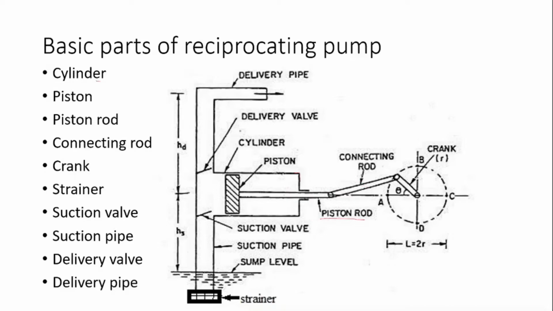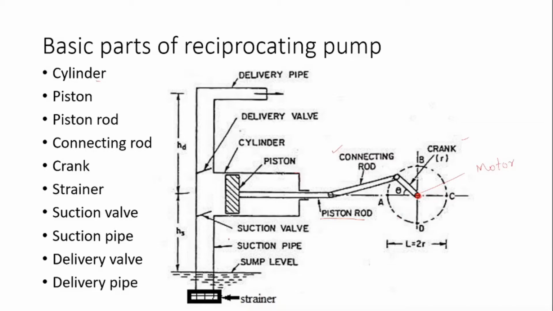Then we have a connecting rod, and the connecting rod connects the piston rod to the crank. So this is the crank and we have a crankshaft. Into the crankshaft a motor is connected, either a motor or an IC engine.